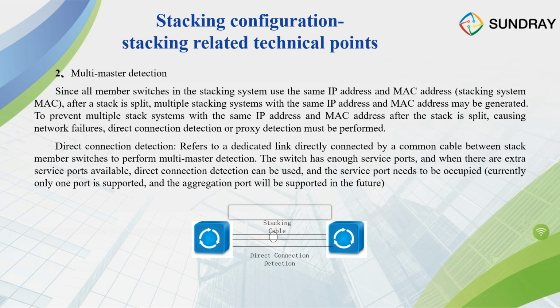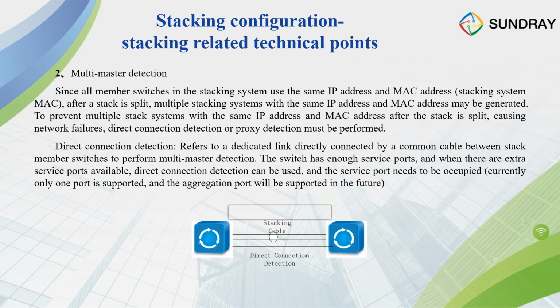But after the stack system is split, there will be two masters using the same IP address and the same MAC address. In your network, especially for the core switch, if you have two devices with the same IP address and MAC address, that will definitely be a disaster for the network. So we need to avoid this kind of thing happening.